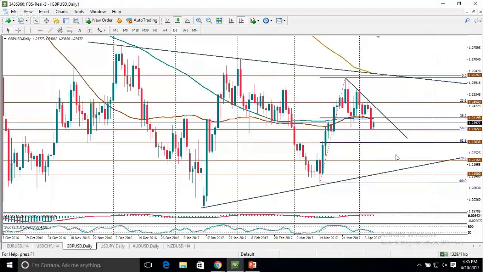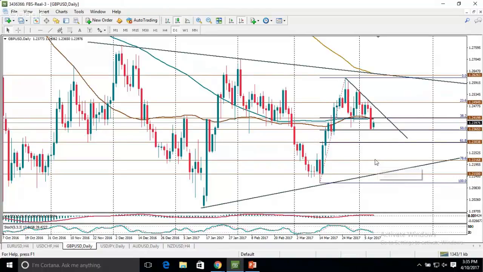So the idea is that as there will probably be nothing from the Brexit issue in the coming days, then UK economic fundamentals will be the main driver of the pair. If they remain negative, if they remain weak, then levels of 1.23 and 1.2216 are quite attainable.